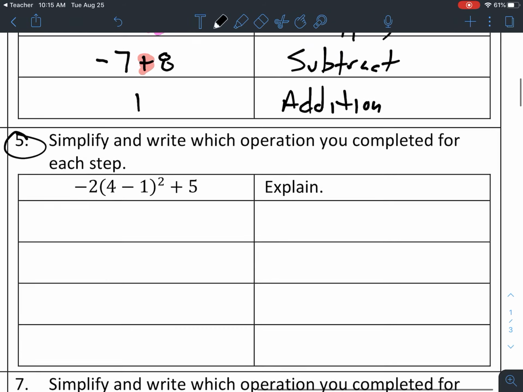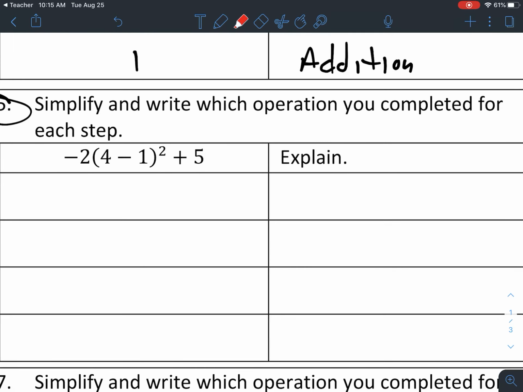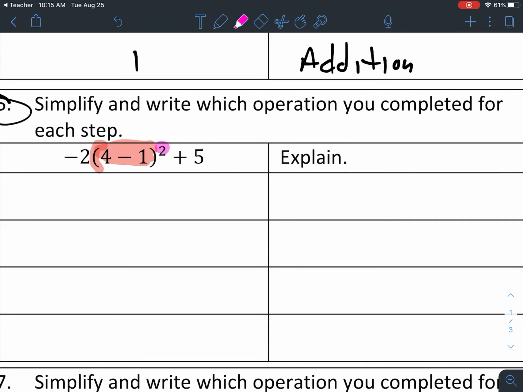Okay? So let's look at this one here, number 5. So we have a parentheses. We have an exponent. And because we know that we do parentheses first, we have to do what's inside first. We can't do the exponent.